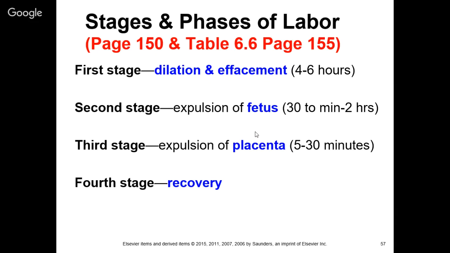The second stage is expulsion of the fetus or birth, and that can be anywhere from 30 minutes to 2 hours. The third stage is expulsion or delivery of the placenta, and this is anywhere from 5 to 30 minutes normally. The fourth stage is recovery. So, first stage, dilation and effacement. That makes sense, right? You got to get everything ready, then the fetus, then the placenta, and then you recover.